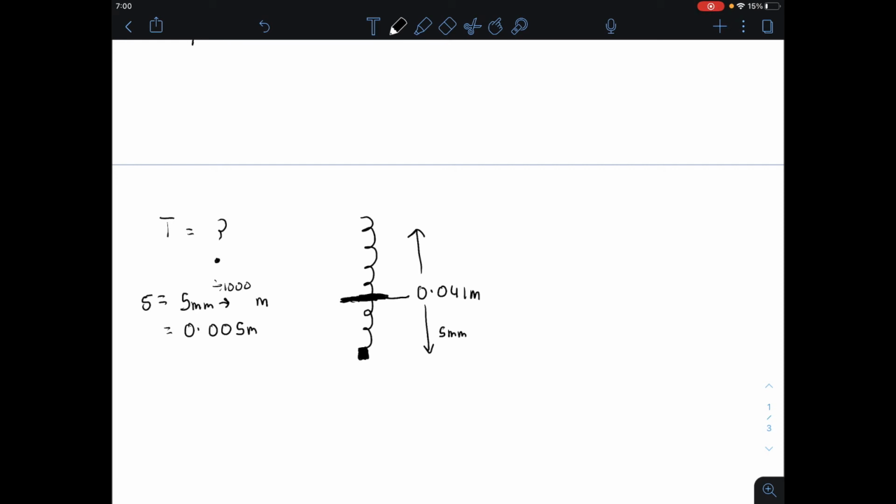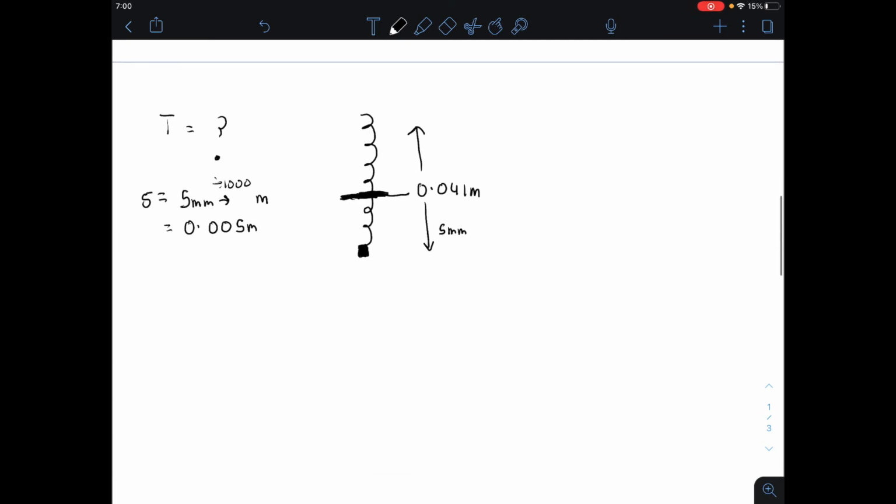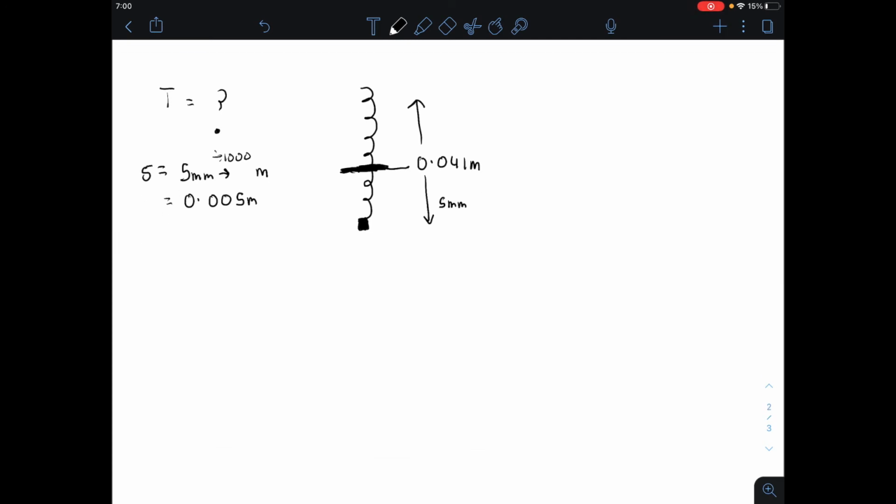We want to find the period. This is what we know so far. We know the displacement is 0.005. Let's try and figure out an equation for the period. The period is equal to 2 pi divided by our angular velocity. So before we can find the period of the motion, we need to find our angular velocity.